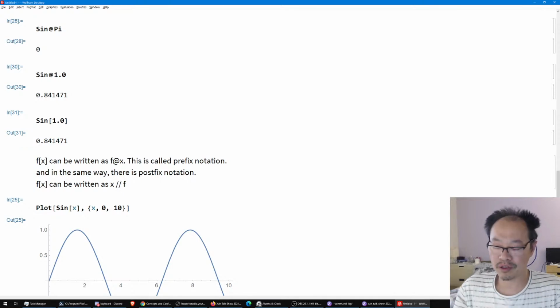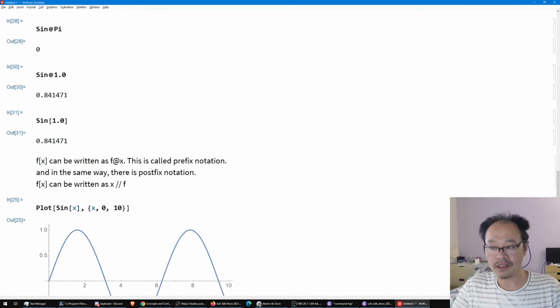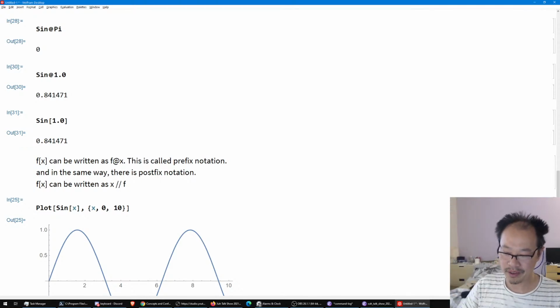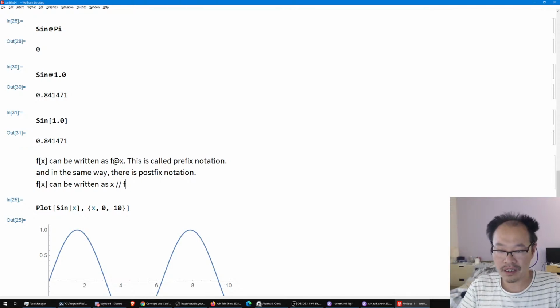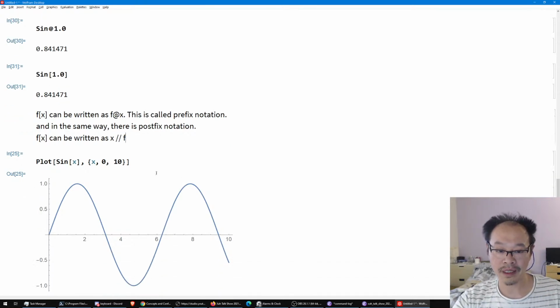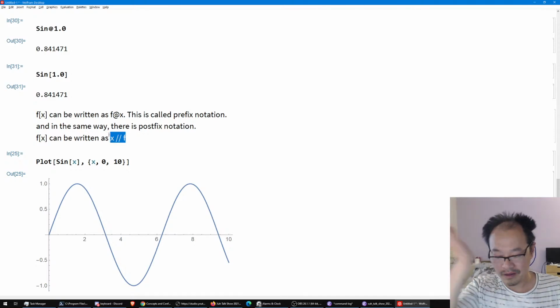By the way, this postfix notation is similar to the Unix pipe. In Unix, something pipe something means return output and feed it to the next function's input, and so on. So in Mathematica, you can think of it as a postfix notation, and the syntax is //.